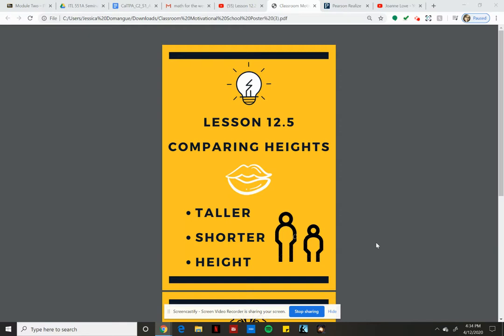So if you look at our two people standing there in our picture, on the left you can see that the stick figure is taller than the person on the right. The person on the right is shorter than the person on the left. He has a shorter height on the right side of our picture.